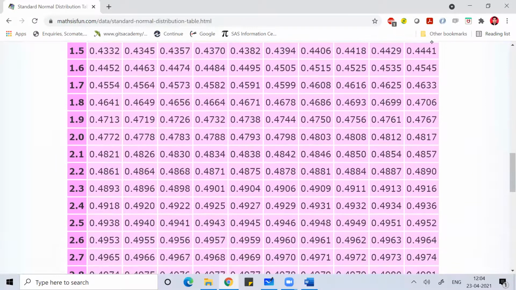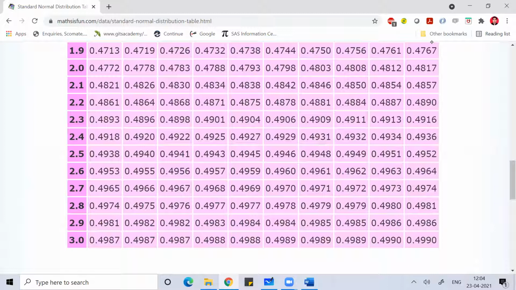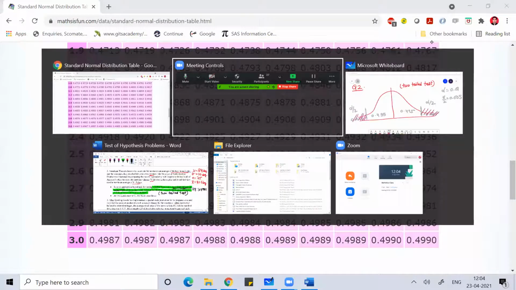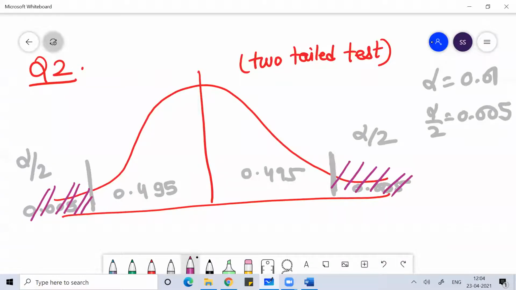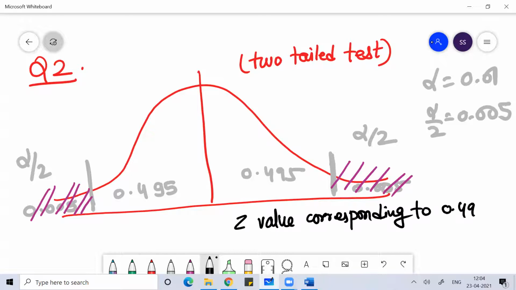You do one thing, guys. Open the normal distribution table on your mobile or laptop, whichever platform you are using right now for interacting in the class. Please open that and see the value 0.495. The z value corresponding to 0.495 is actually 2.58. So everyone please open the normal distribution table.